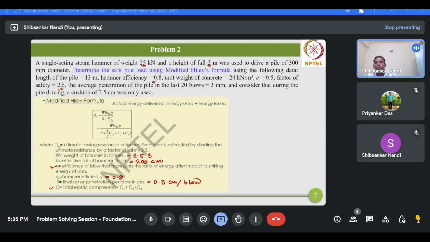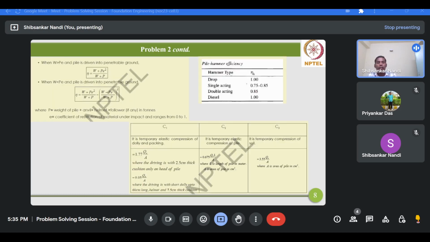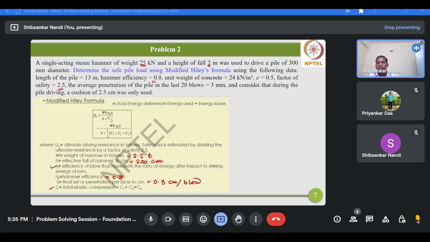Since this is a single acting steam hammer, its efficiency will vary in between 0.75 to 0.85. So you can basically assume an average value of this range. Okay, so 0.75 plus 0.85 divided by 2, that will give you 0.8. However in this problem this value is directly given to you, so therefore we will use this value only.